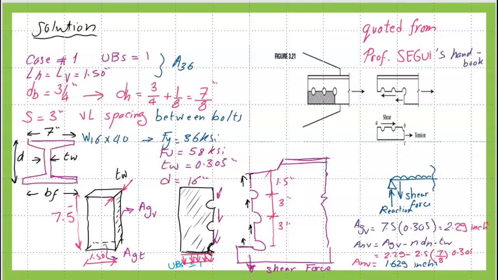The net area subjected to shear is termed A sub NV. The area will be equal to the gross area minus the area occupied by holes. Then A sub NV equals 2.29 minus (2.5 by 7/8 by 0.305) equals 1.629 inches square.